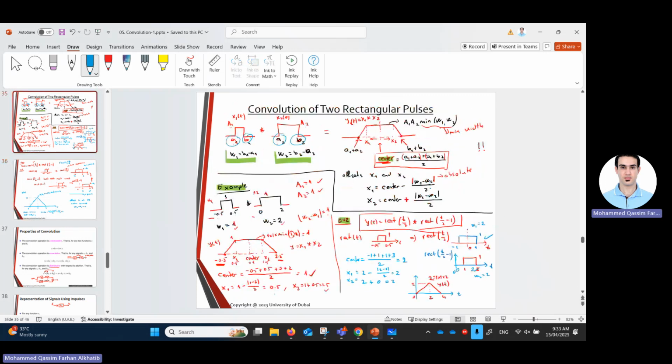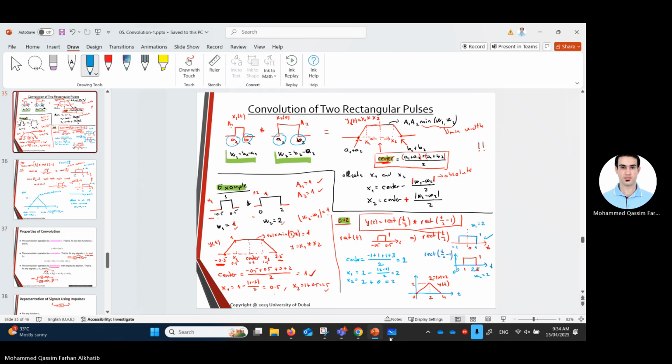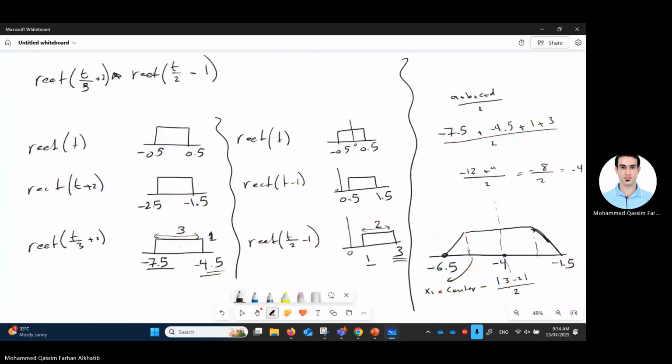W1 minus W2 over 2. So what's this value? 3 minus 2, over 2. So that's going to be half. At the center is negative 4 minus half. So negative 4.5.